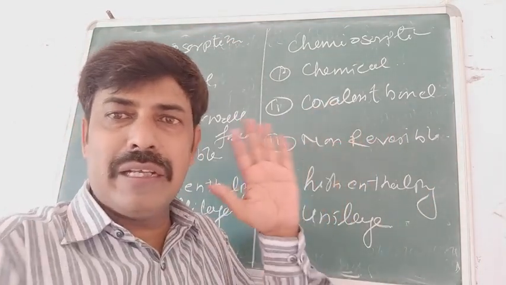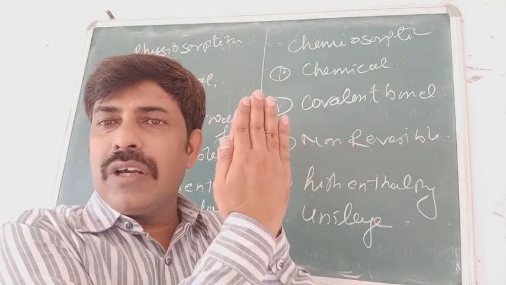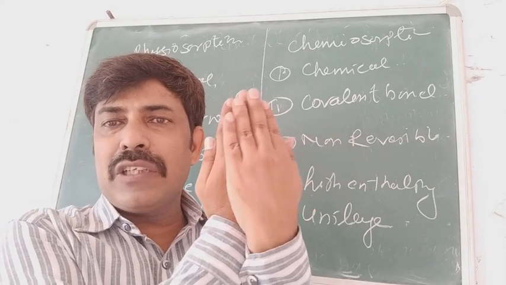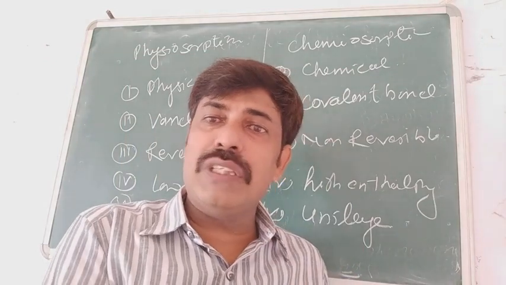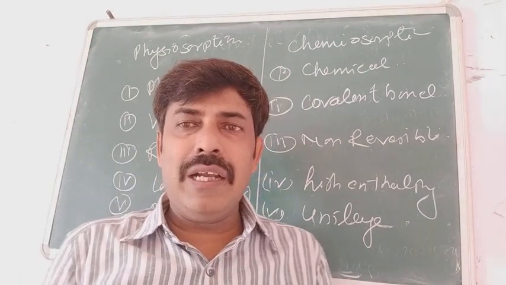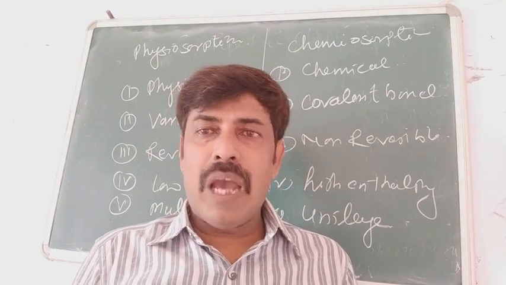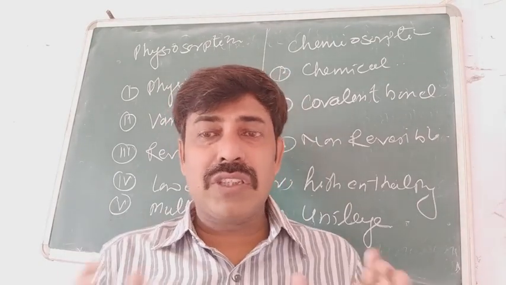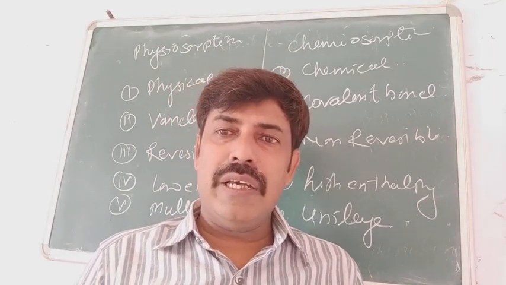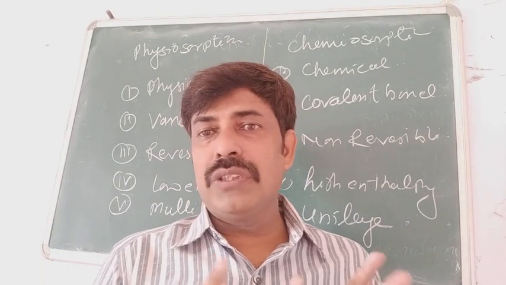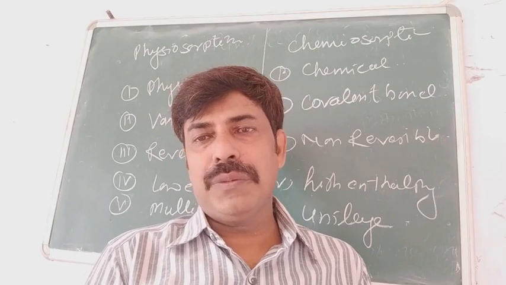If my hand is a surface and the materials are approaching it, after approaching they will cover it, and when there is the next layer, that will not approach the surface, that will approach the material which was adsorbed. So the second layer is not capable of making a chemical bond, it is just capable of making an attraction, a van der Waals force with the next layer, and this is the reason multilayering is not available in chemisorption. It is only available in the case of physisorption.